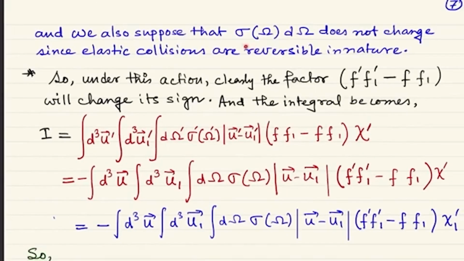We also suppose that in our case, the elastic collisions are usually reversible in nature. So that's why the collisional cross section, sigma omega d omega, will not change. If I just swap between primed and unprimed coordinates, then I can again write it as this.